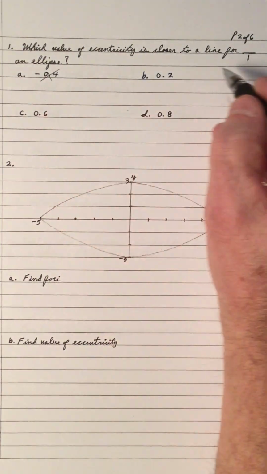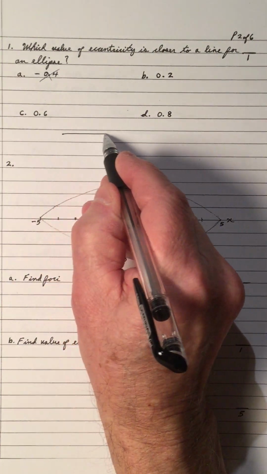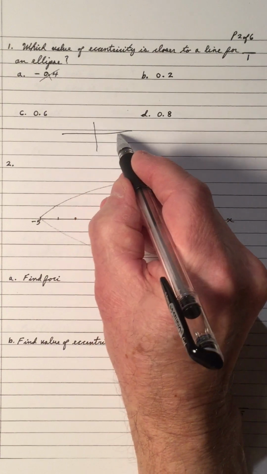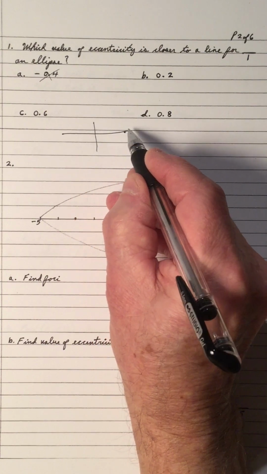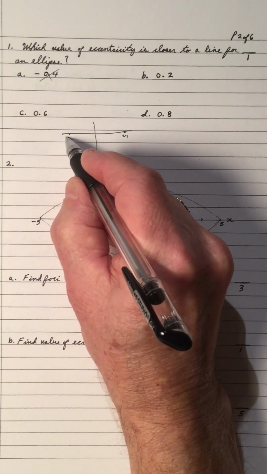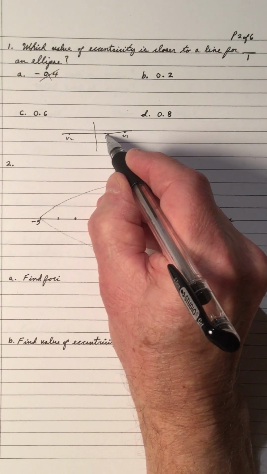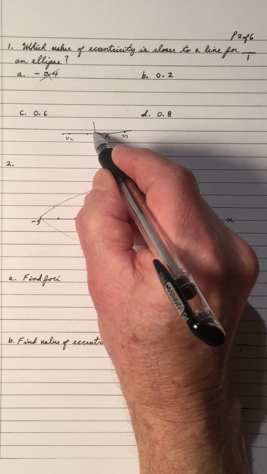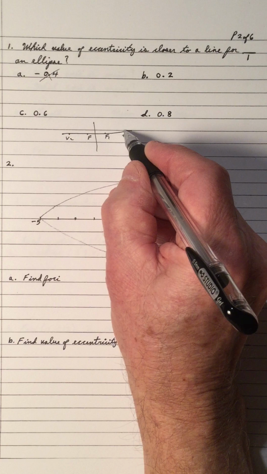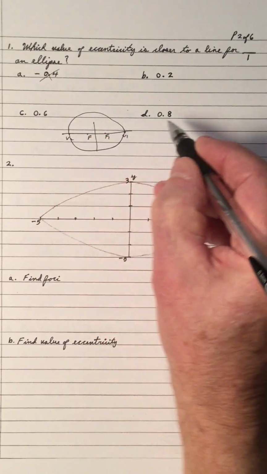So it can't be negative. And what happens in an ellipse is that if you have your vertices here, V1, V2, and your foci are close, the distance from the center is shorter than the vertices, then your ellipse will do this.